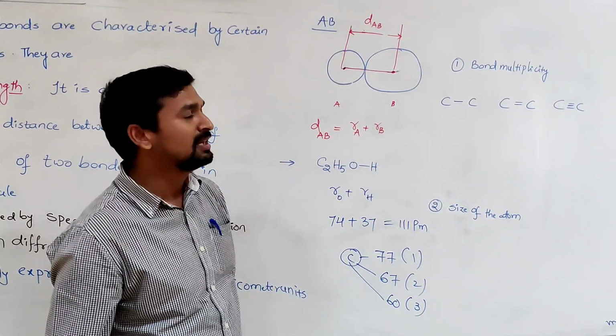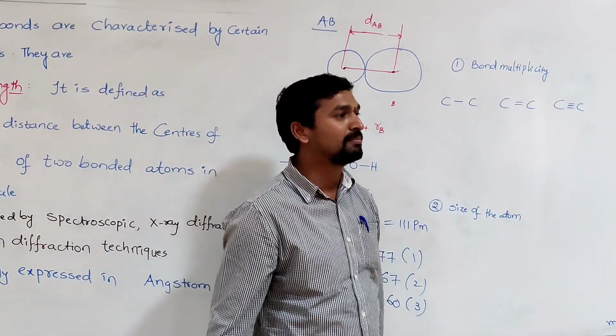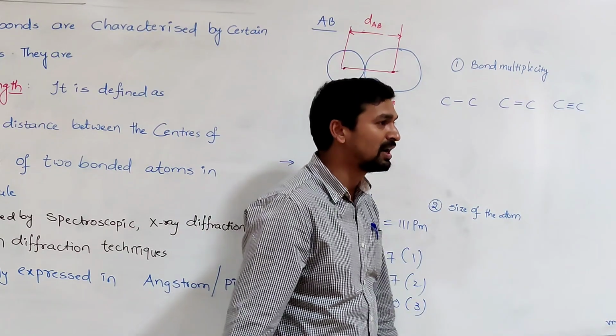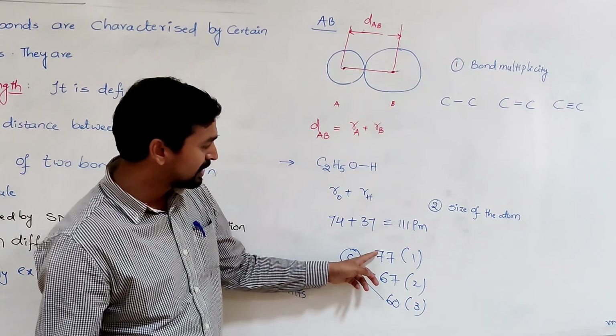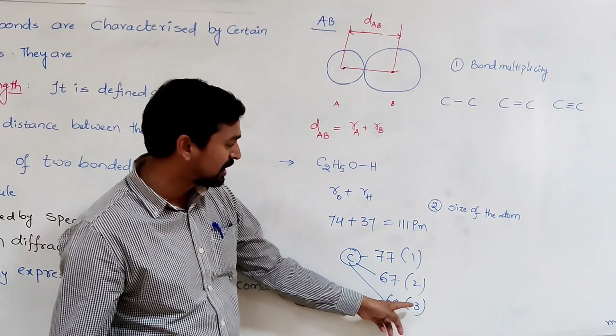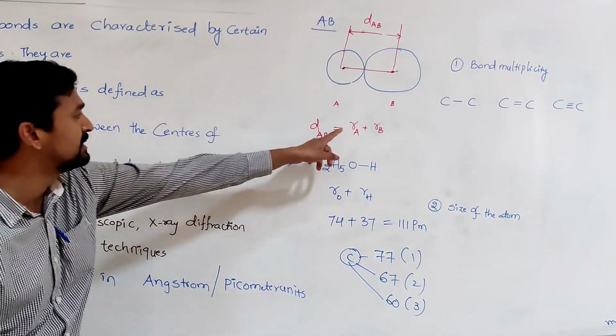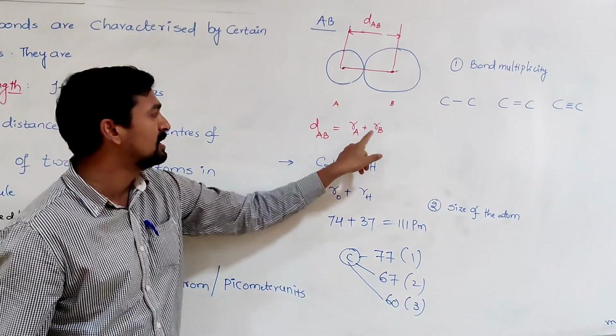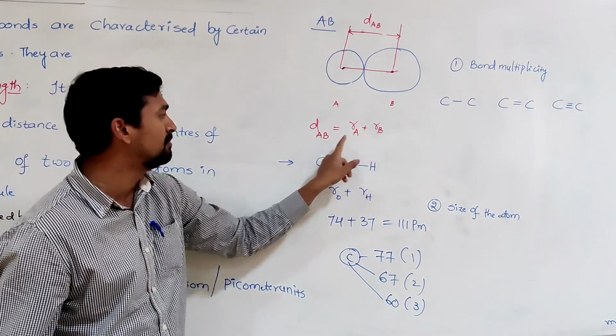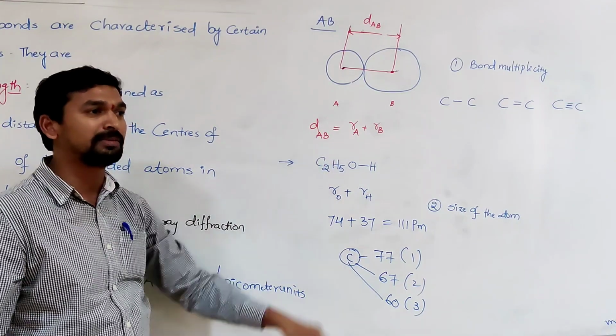Now the question is, which has the more bond length, which has the less bond length? You can see here, as the number of bonds present between the atoms increases, the covalent radius decreases. When the covalent radii of the bonded atoms A and B decrease, then the distance D-AB also decreases.